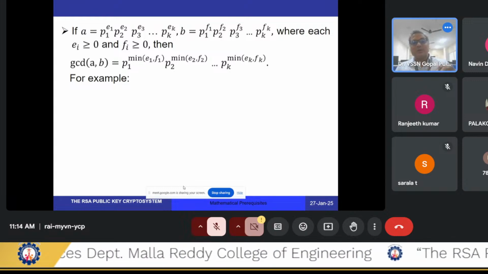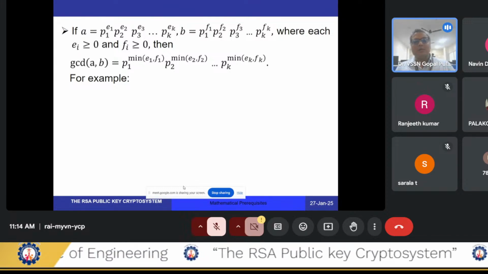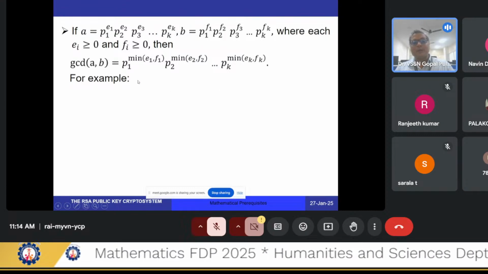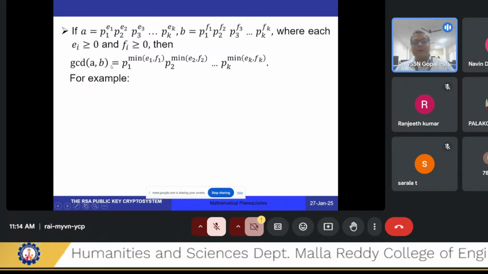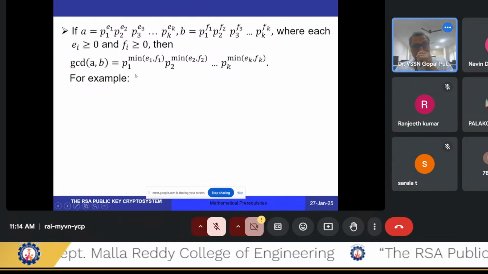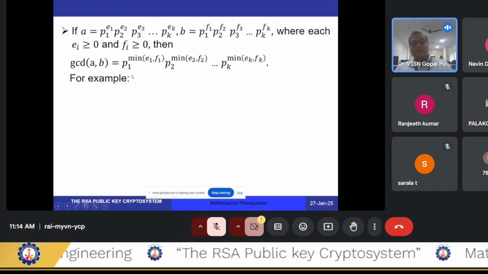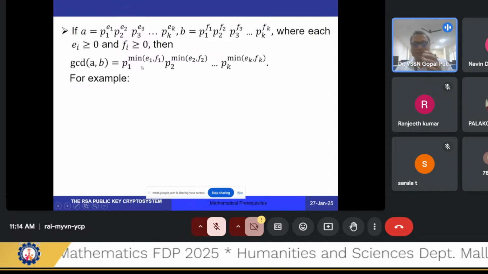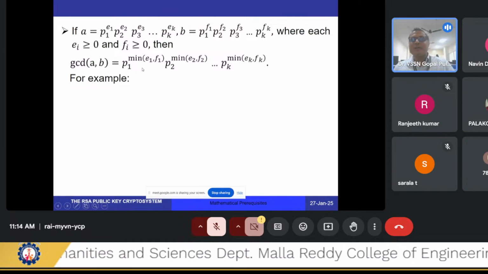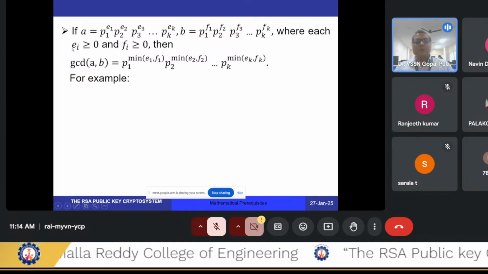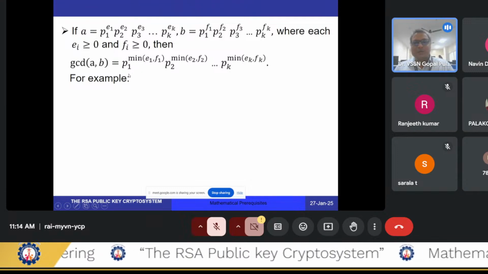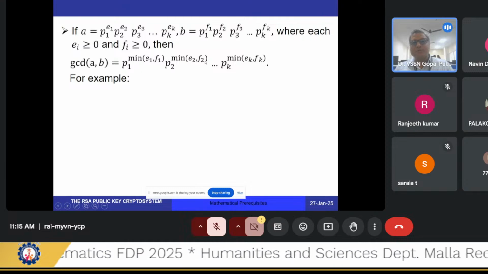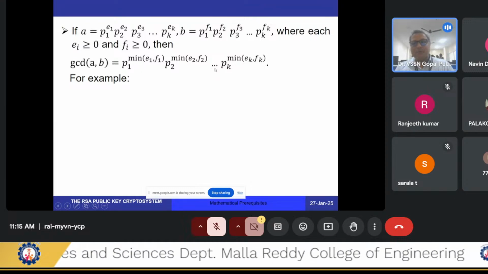In such an instance, the GCD of a comma b can be computed by expressing the two numbers a and b as a finite product of prime powers. The GCD is p1 power minimum of e1 f1, p2 power minimum of e2 f2, and so on, pk power minimum of ek fk.